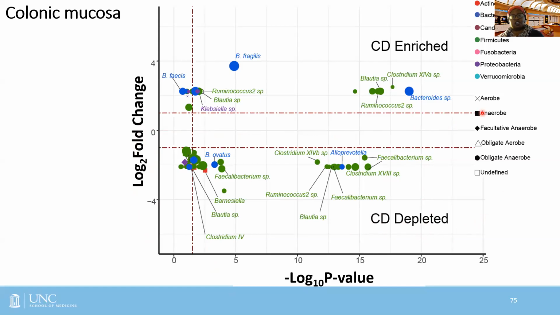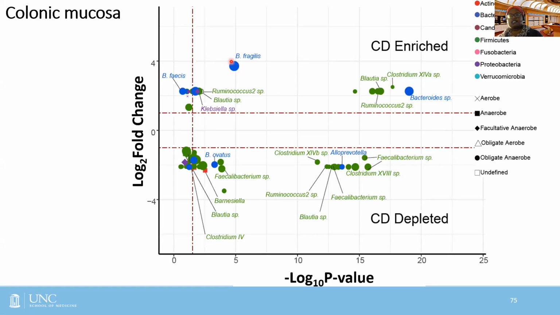The shape of the dots corresponds to what category they came from in our classification, so whether it's an aerobe, an anaerobe, facultative anaerobe, obligate anaerobe, or whether we were unable to classify it. And finally, the size of these dots is variable. The size is the scaled average relative abundance of that taxa within the region that it's increased in.